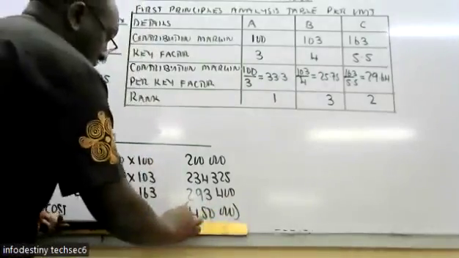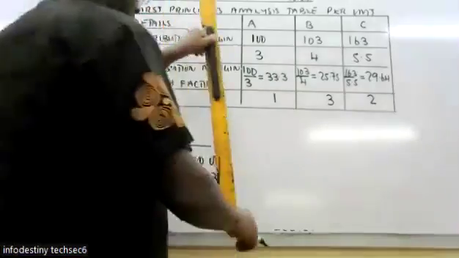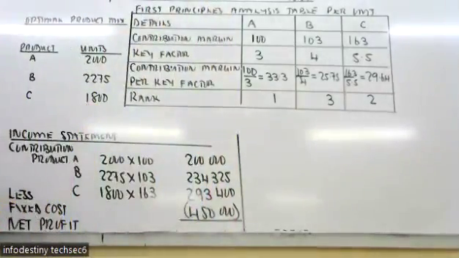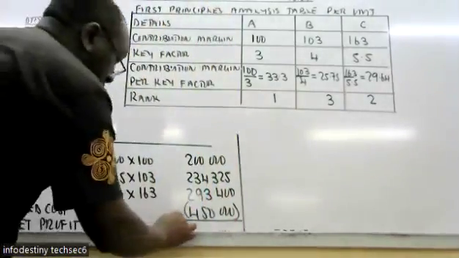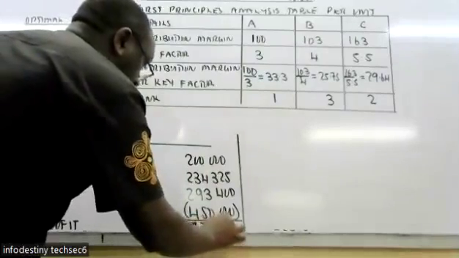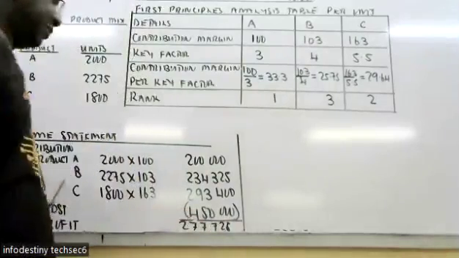So with that, you have a figure known as net profit, or the maximum profit we can get. 277,725.